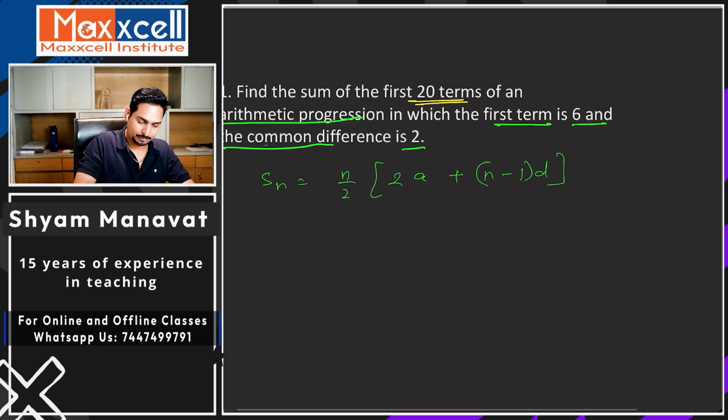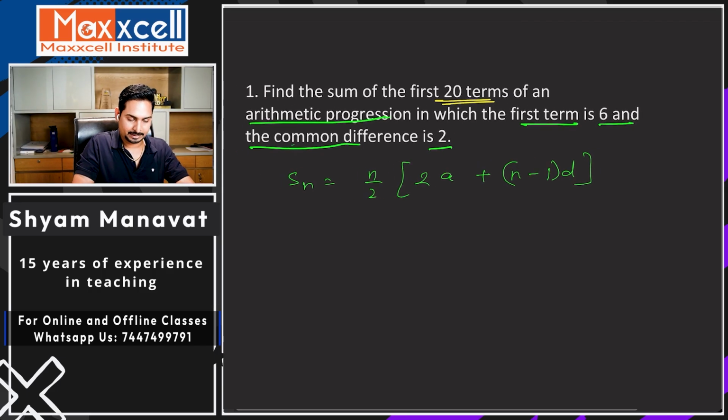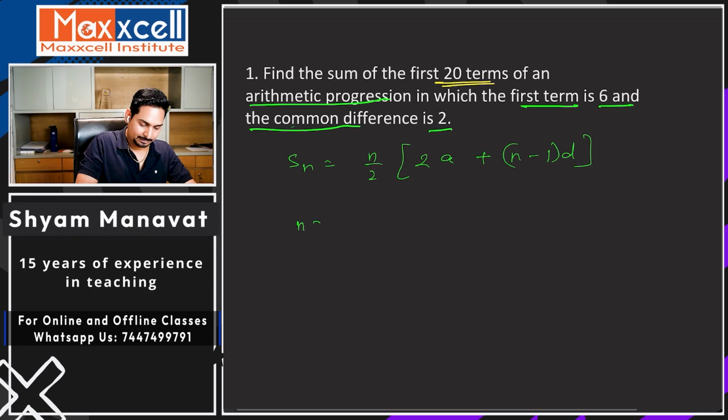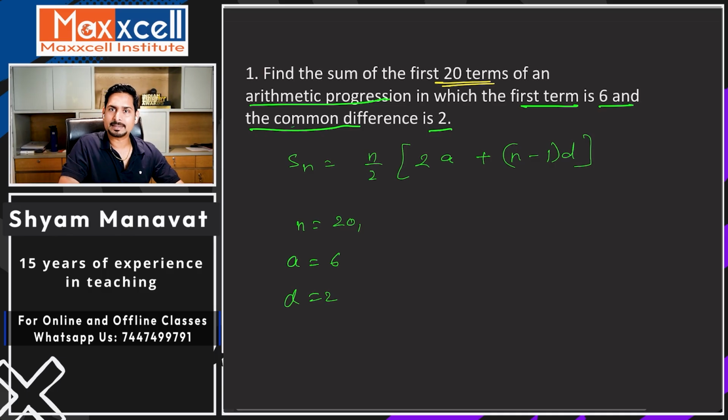तो यहाँ पे n equal to क्या हो गया बताओ? n equal to हो गया आपका 20. Okay. Now, an arithmetic progression which has first term 6, मतलब first term हो गया 6. And the common difference is 2. So d हो गया 2. Substitute करते हैं. Let's solve this question.